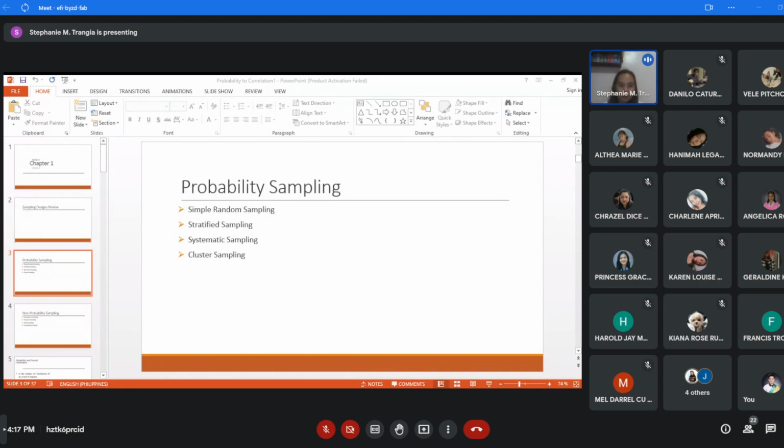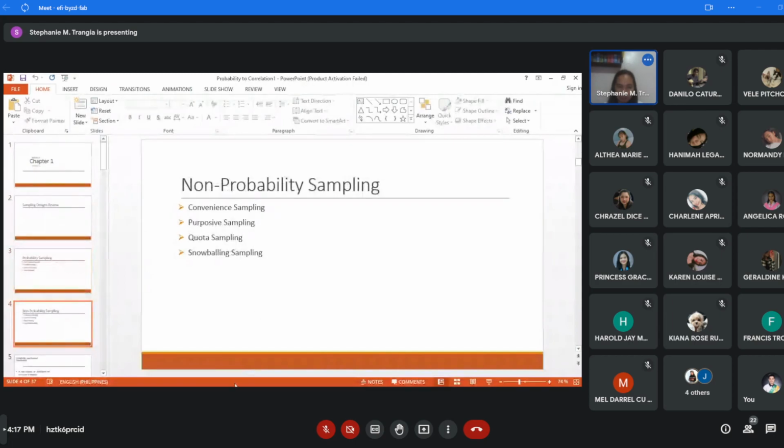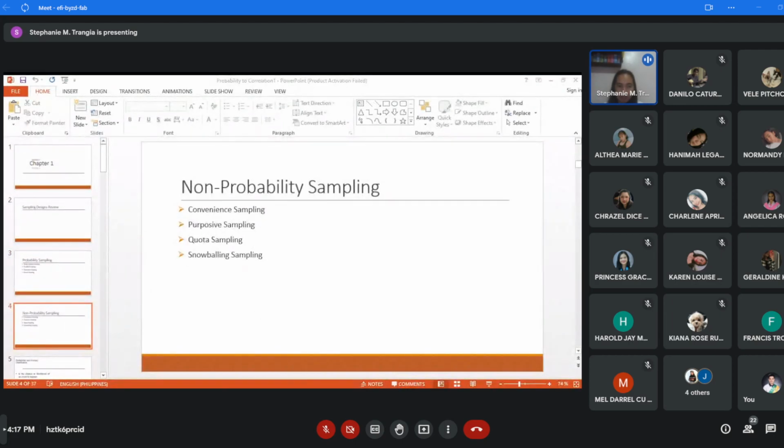So next, let's review non-probability sampling. Non-probability sampling consists of 4 types. From the word non-probability, we no longer involve probability in the selection process. Number 1 is convenience sampling. It is the least desirable technique, especially in your research. Suppose you only chose your closest friends to answer your research.